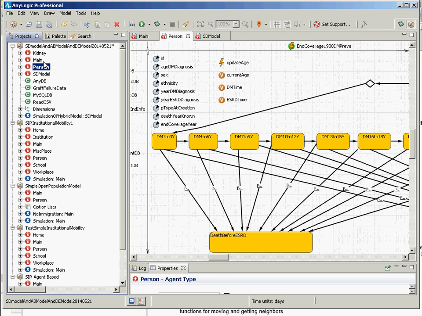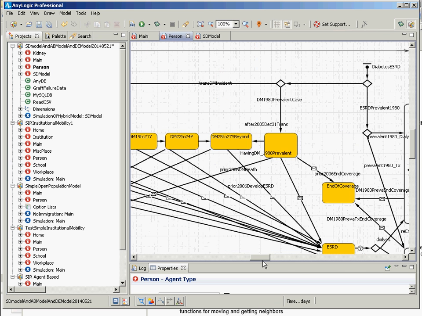What that means is we don't have to simulate the full population as agents. We simulate most of the population as counts in a stock and flow model, and when they reach a critical point of interest, we turn them into an agent. They progress through the subsequent part of their lives in this agent-based model.